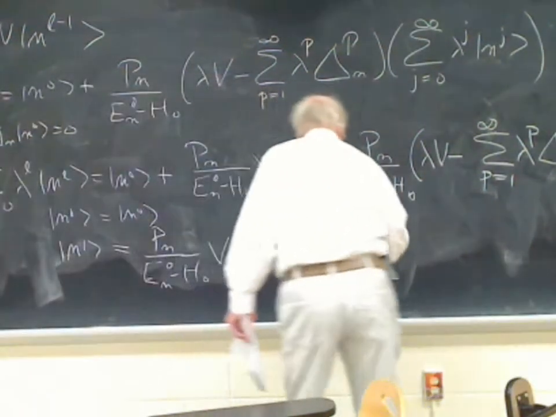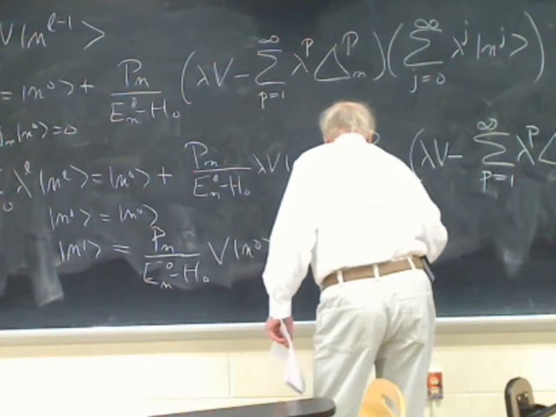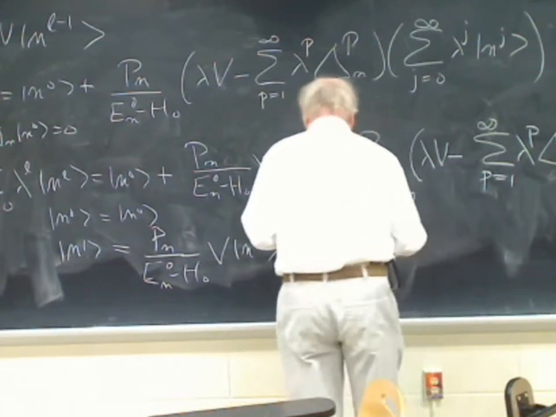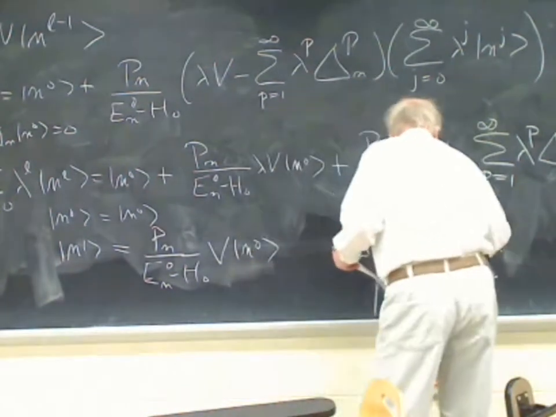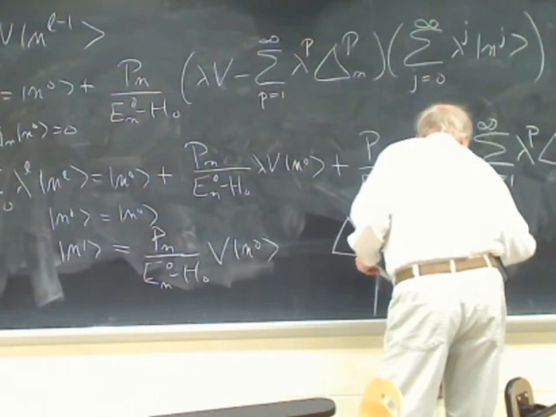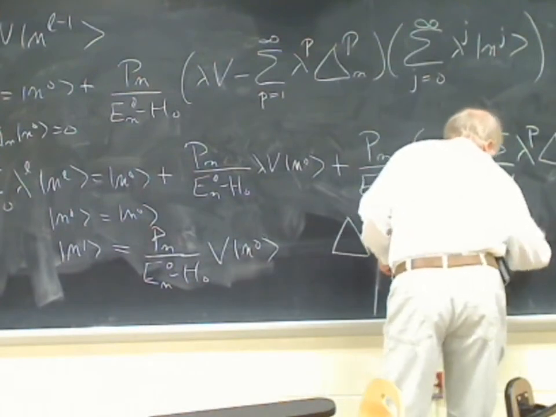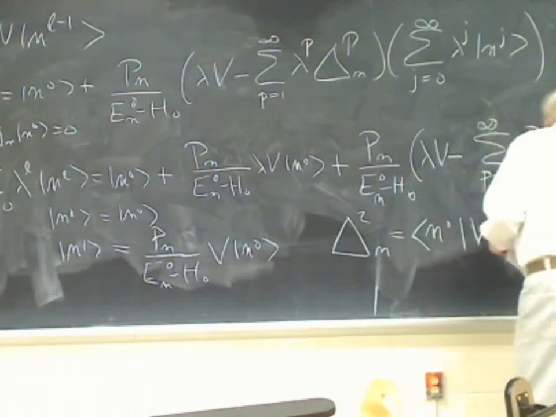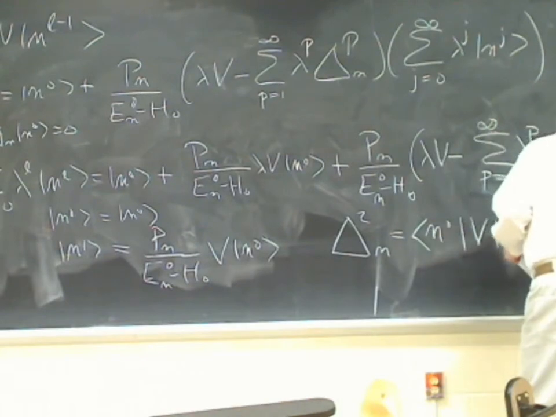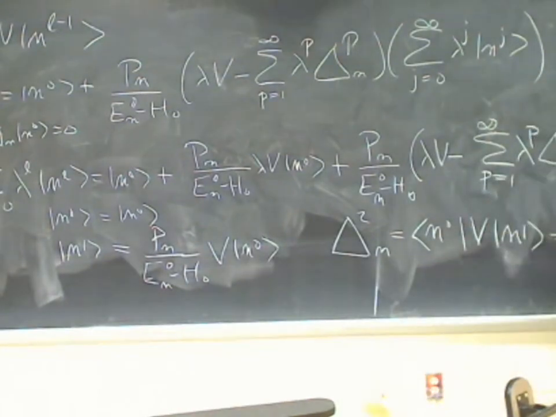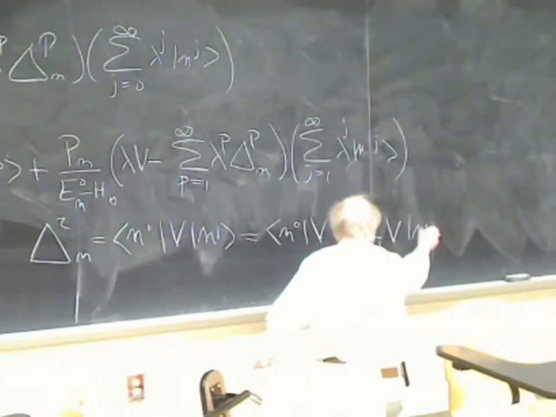And so that means that delta 2n is equal to <n0|V|n1>, and that's going to be <n0|V (En minus H0) V|n0>.